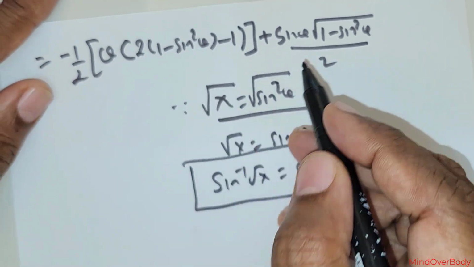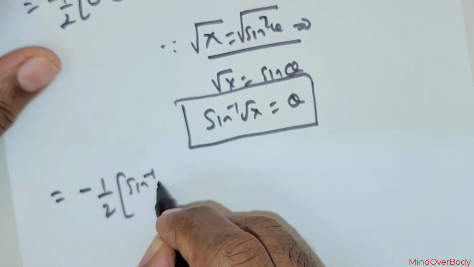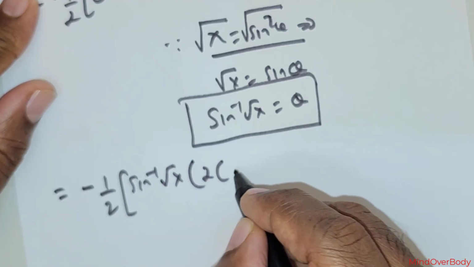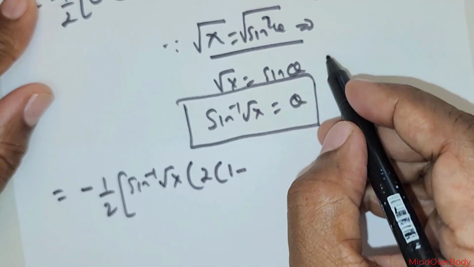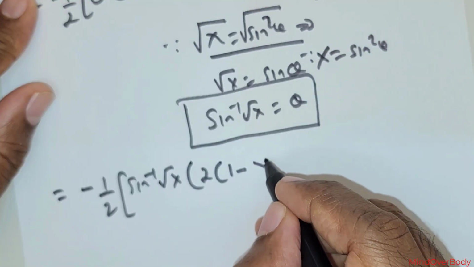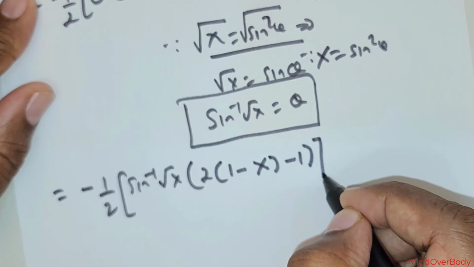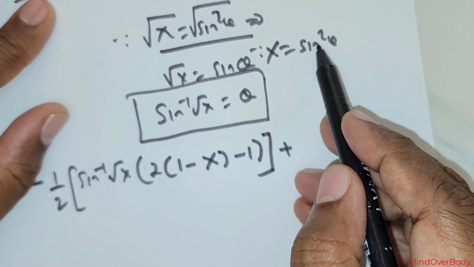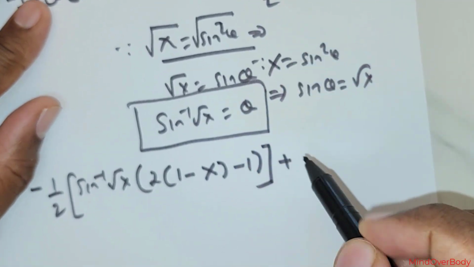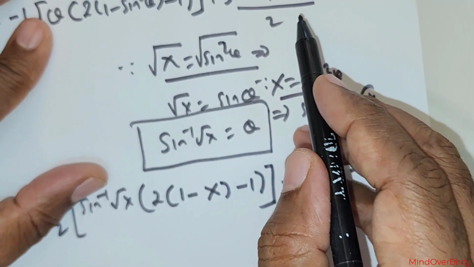So I can rewrite this as negative 1 over 2 times sine inverse of root of x times 2 times of 1 minus, my x is sine square theta, so minus x, and then minus 1. Right, you have a square parenthesis plus my sine theta is root of x. So you have a root of x there. So the root of x, root of 1 minus x, my x is sine square theta.